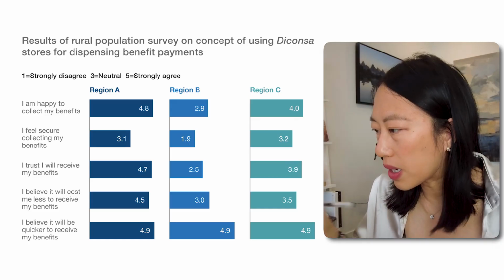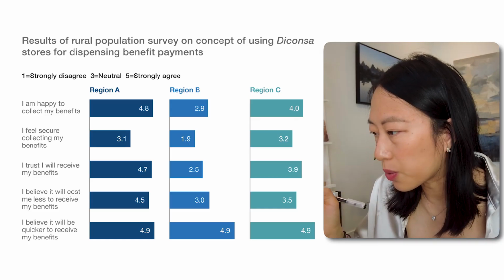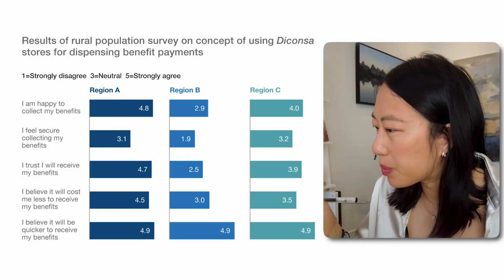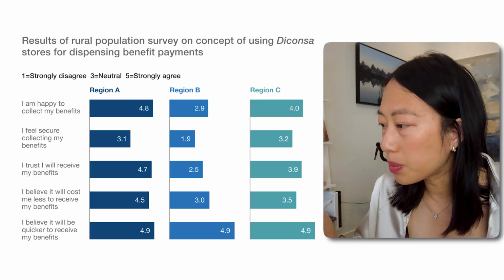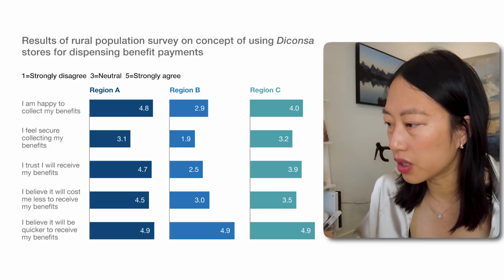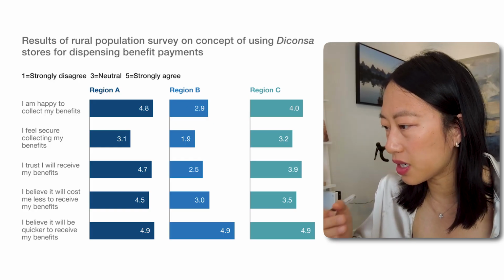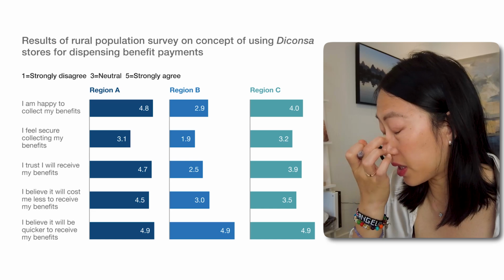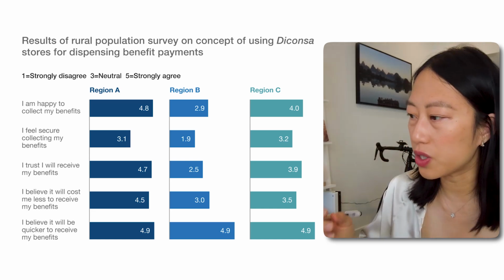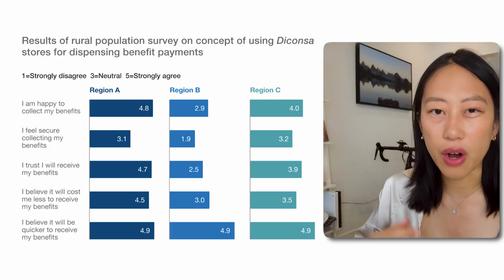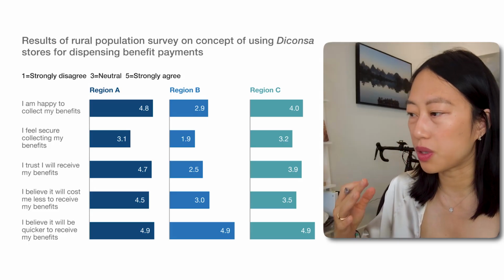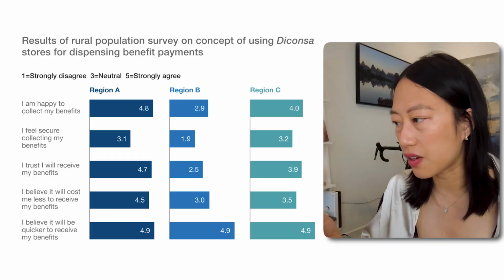And then looking at the rest of the other 3, right, what's quite interesting is Region B, people are not very excited to receive their benefit through the store, probably because they don't feel secure collecting the benefit and trust that their benefit will be received. So it looks like in Region B, there might be some issue associated with fraud or theft. Maybe Region B is in one of those very unsafe regions.